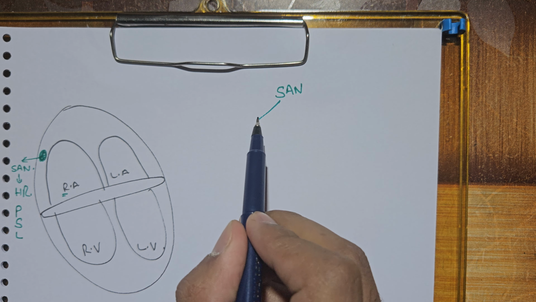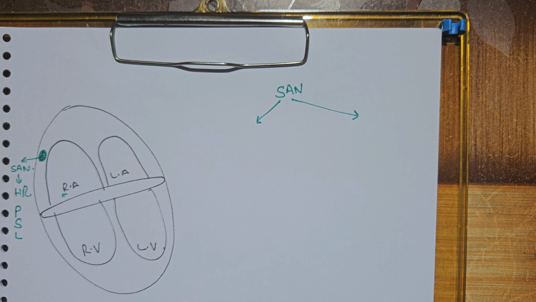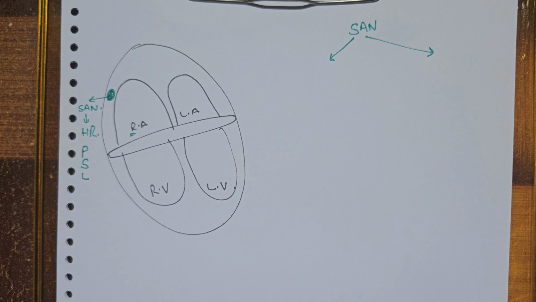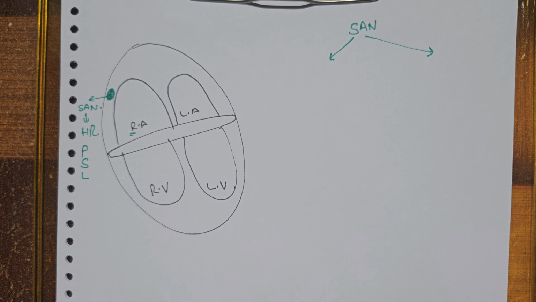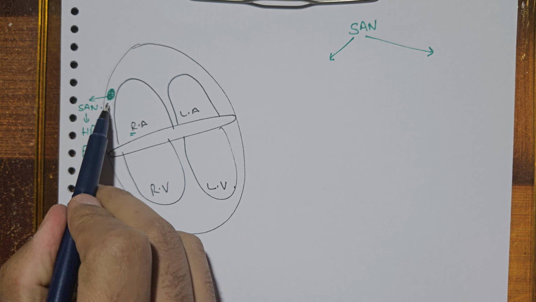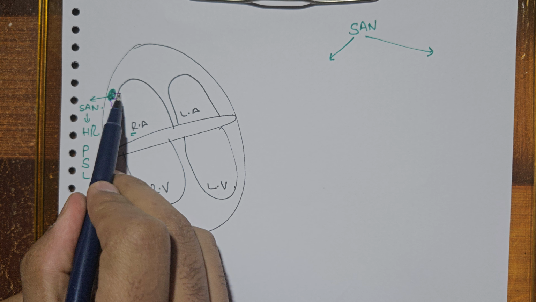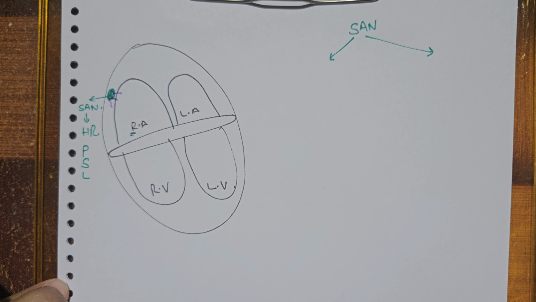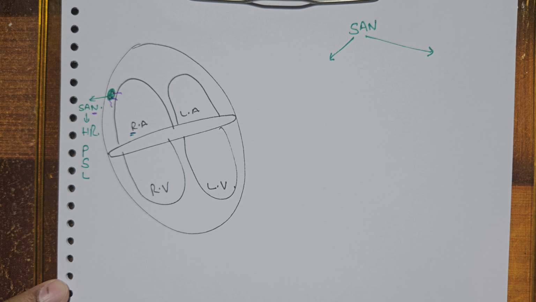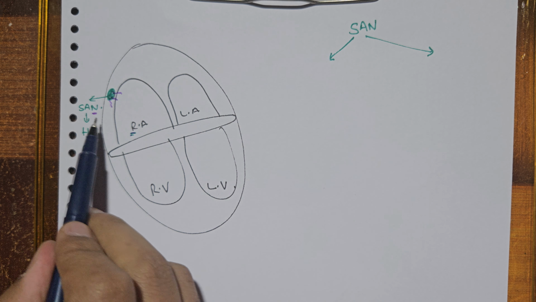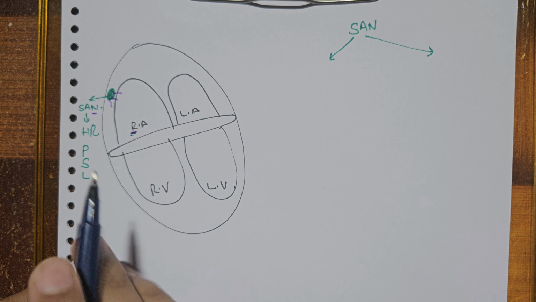Now we will see where these impulses go. As you can see from the diagram, this SA node is located in the posterior, superior, and lateral part of the right atrium, and its fibers are in close contact with the cells of the right atrium. So when the sinoatrial node generates impulses, it gives them to the cells of the right atrium.